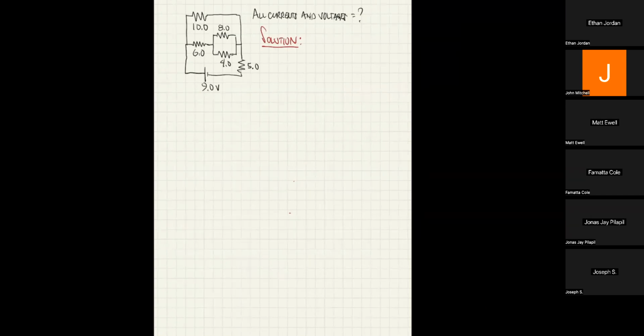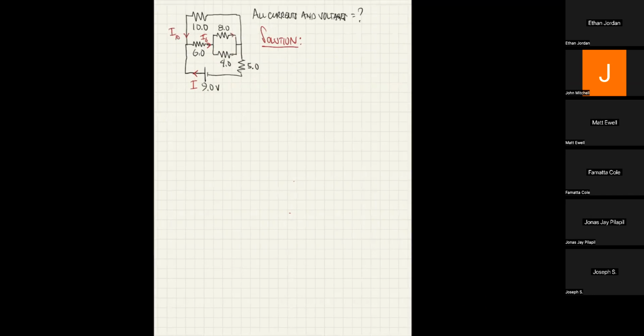But right now, I'm going to say there's probably a current going this way, and I'm going to call that just plain I. Then there's a current going this way. I will call that I6. I think y'all can see why. I will assume, just for the heck of it, because I kind of think it might go the other way, I'm not really sure, but I'm going to assume this is going this way, and that's I10.